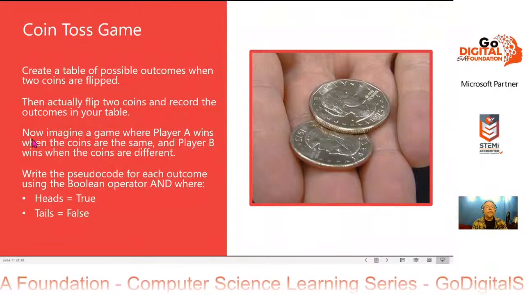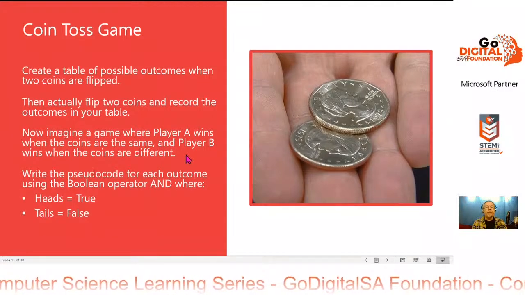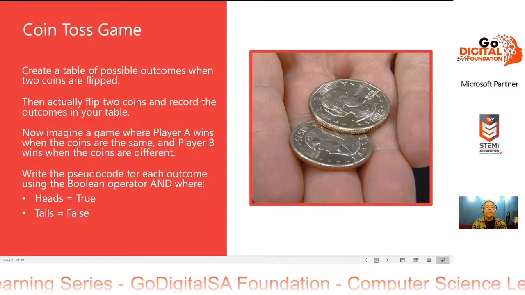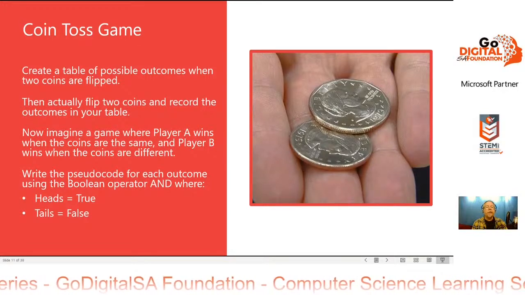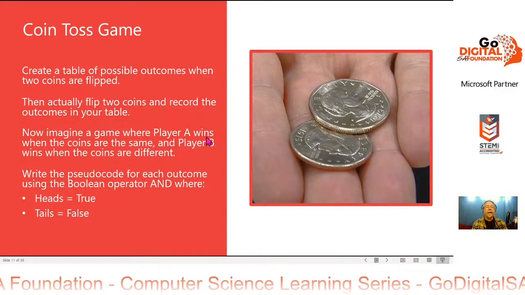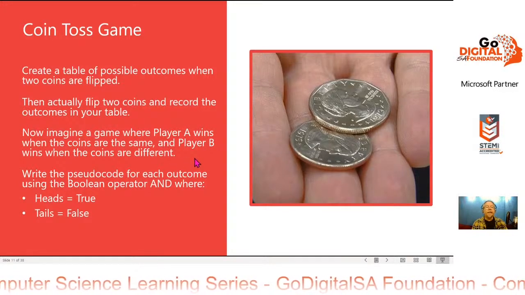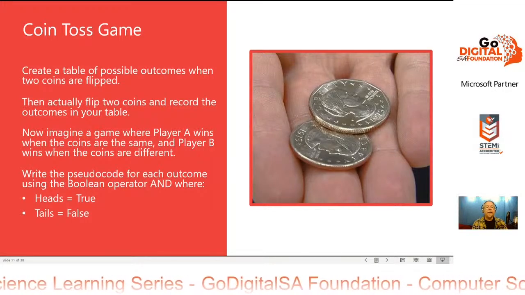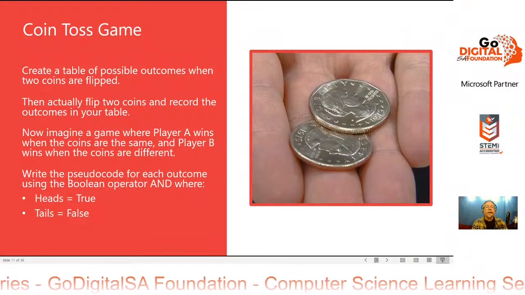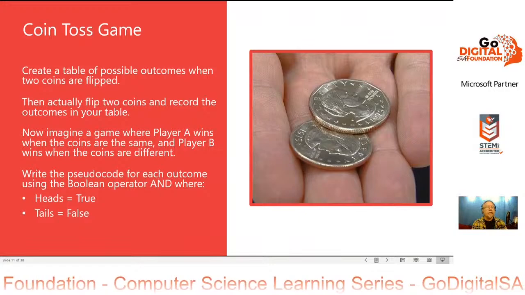If we look at the rules, we have a game where player A wins when the coins are the same, and player B wins when the coins are different. So we want to say if they are the same, coin A heads equals coin B heads, then player A wins, and if they're not the same, then player B wins.